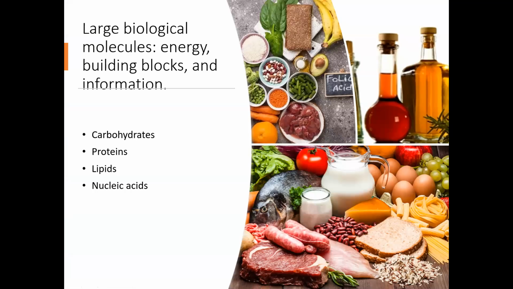So the main concept is going to be looking at the biological molecules that we come across constantly in biology, and those would consist of carbohydrates, proteins, lipids, and nucleic acids. All of these macromolecules are composed of essentially multiple monomers.